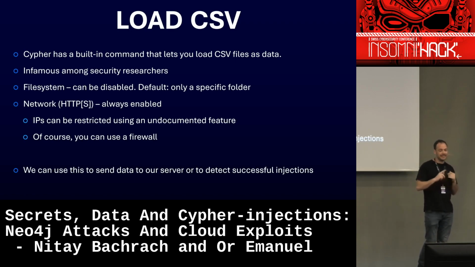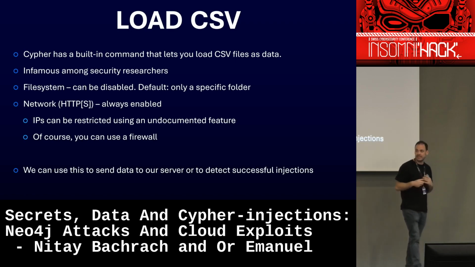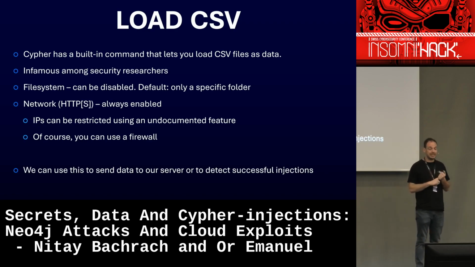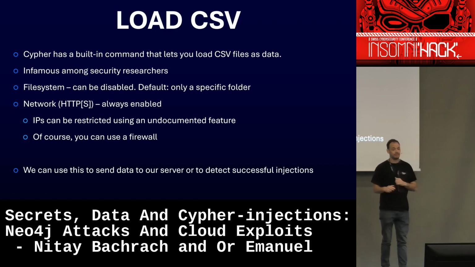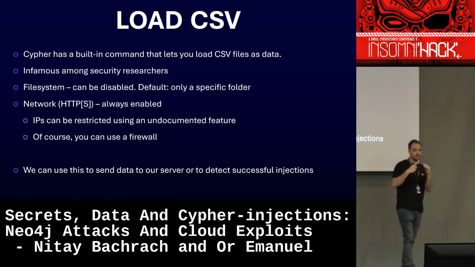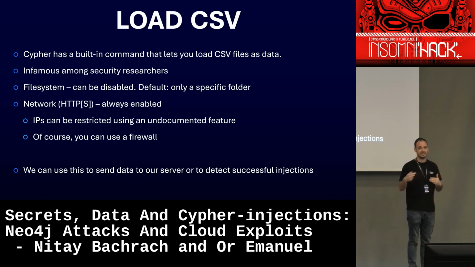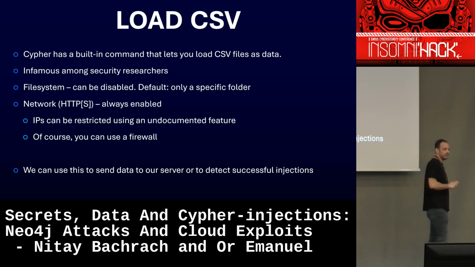Of course, there is an undocumented feature that we are actually helping Neo4j to secure, which will let you restrict IPs in the future, but right now it's still not ready for production. You can, of course, use a firewall, and I would recommend it, to restrict Neo4j so it would only be able to access things that it needs, and not any server, but most don't really do it.